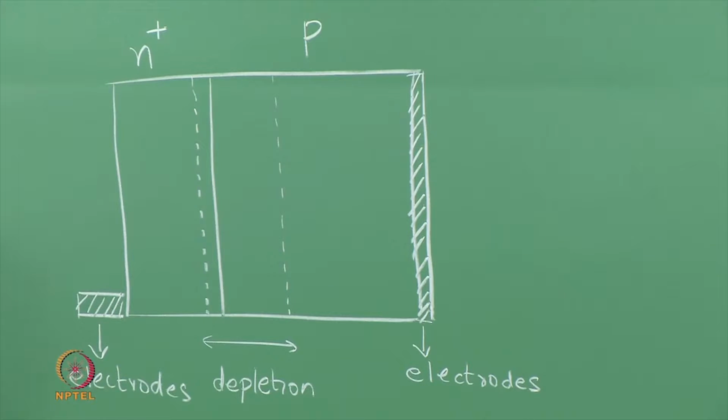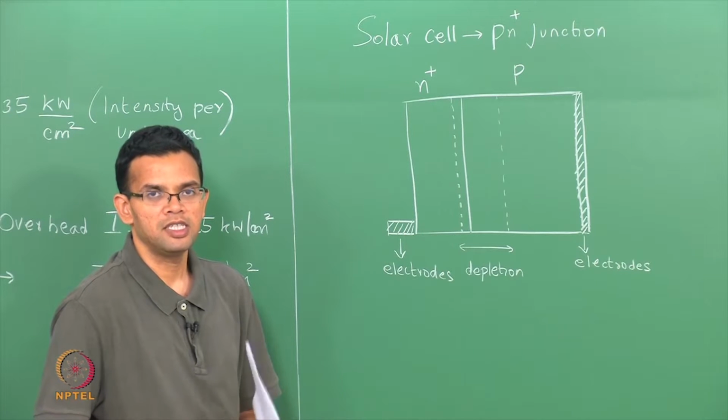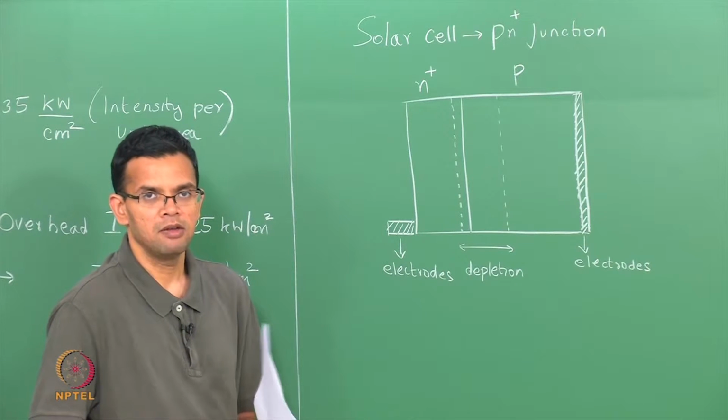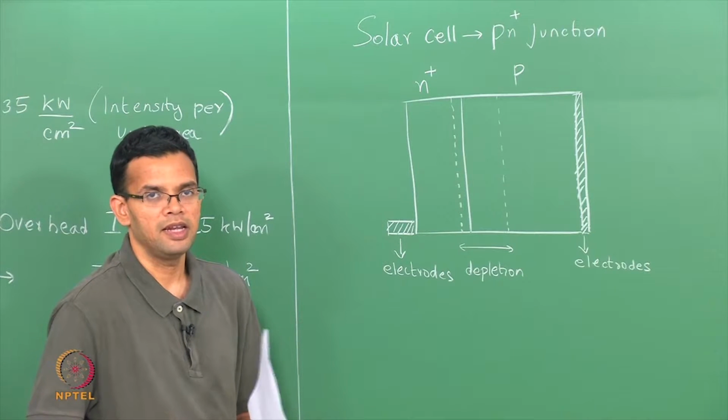So we have solar radiation coming from the left and falling on the n plus region. Now your radiation can have long, medium and short wavelengths. The shorter the wavelength, the higher the energy.